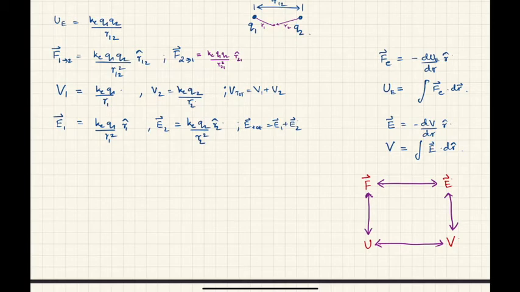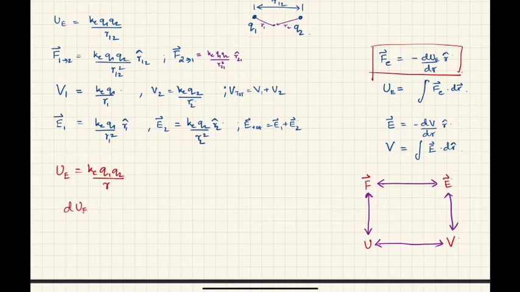Let's verify these relations. So for example, for the simple two-particle system, I have the electric energy being given as Kc Q1 Q2 over R, and I'm not writing the label 1 2 over here because I want to keep the notation simple.